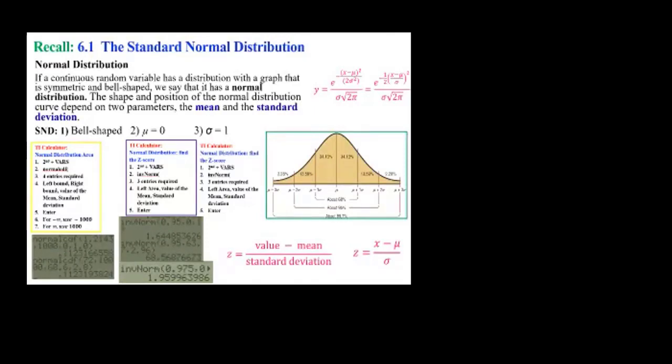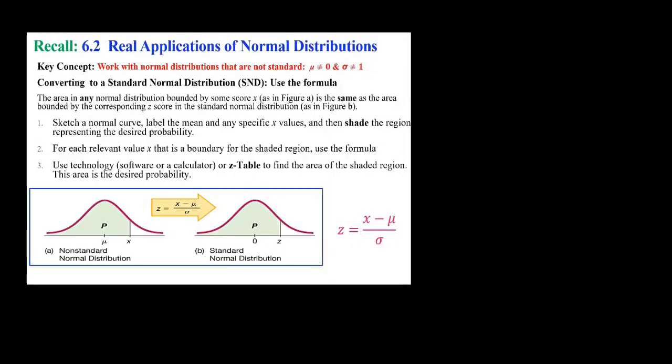Mu equals 0 and sigma is 1 for the standard normal distribution. And when we do the applications, normally we are dealing with a normal distribution other than standard normal, and a transformation of z equals x minus mu over sigma can do the job for us.